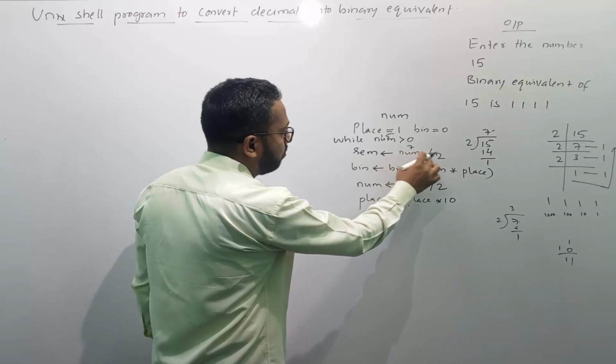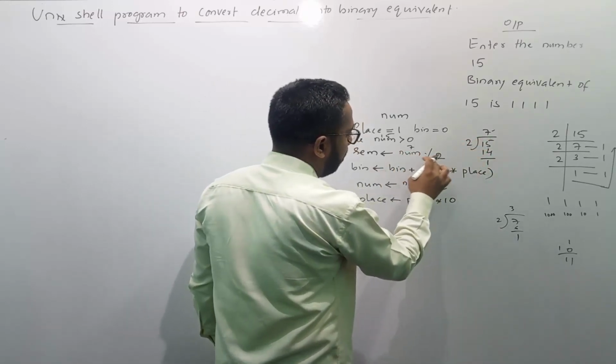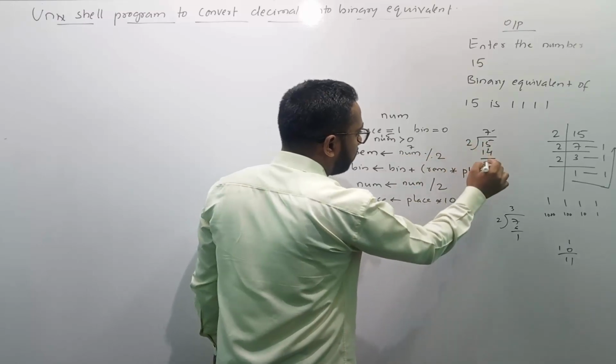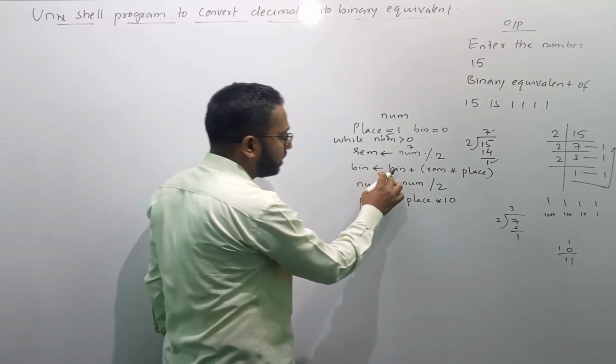Then remainder is num mod 2. Num is 15, and when I perform the modulus operation on this number with 2, I will get 1 as the remainder. So now remainder becomes 1, then this instruction gets executed.